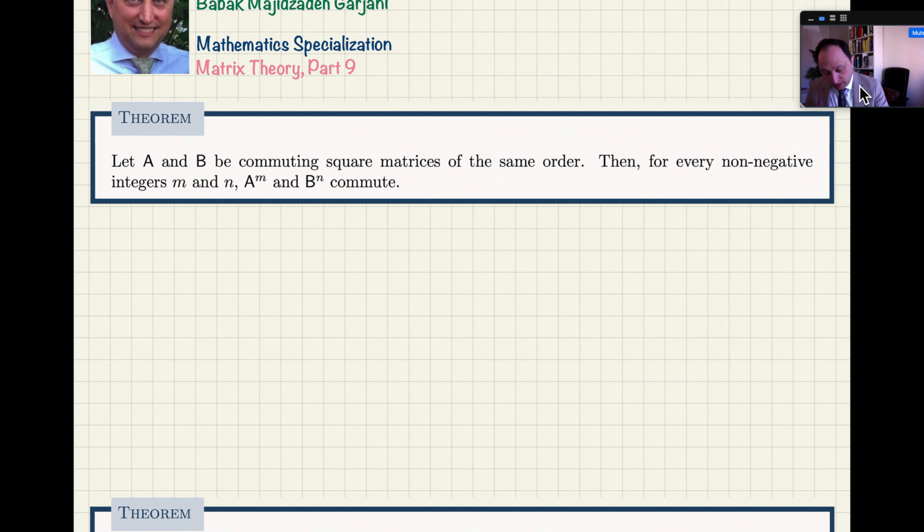We can say that if A commutes with B, meaning that AB = BA, we want to show that A and B to the n also commute, meaning that A times B to the n is equal to B to the n times A. That is my question for all non-negative integers n.